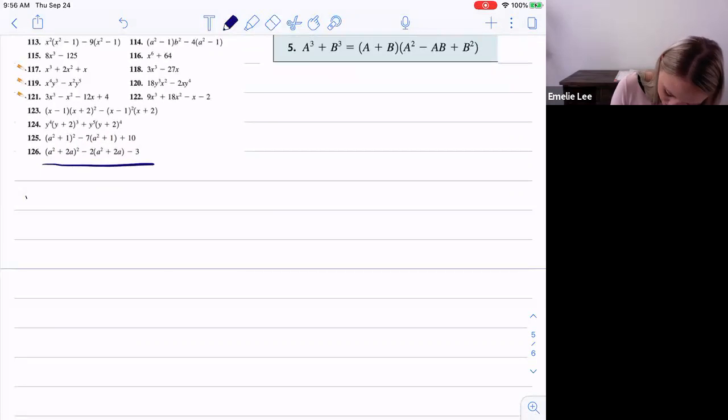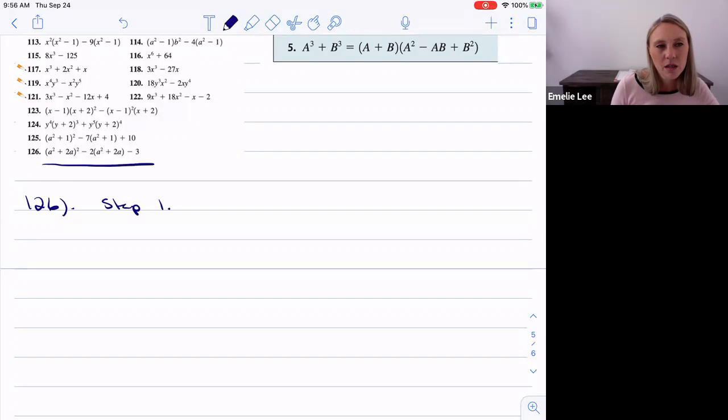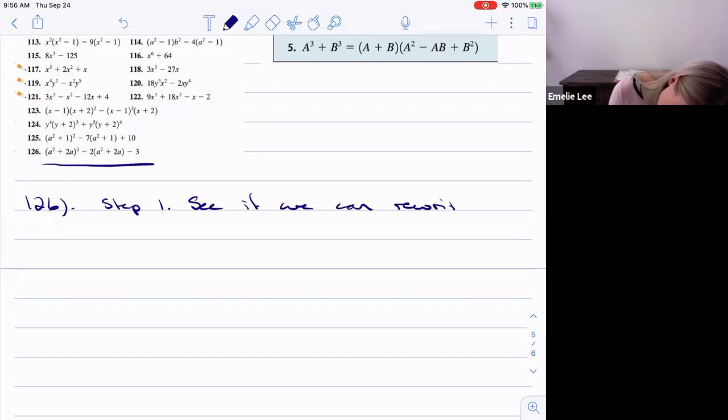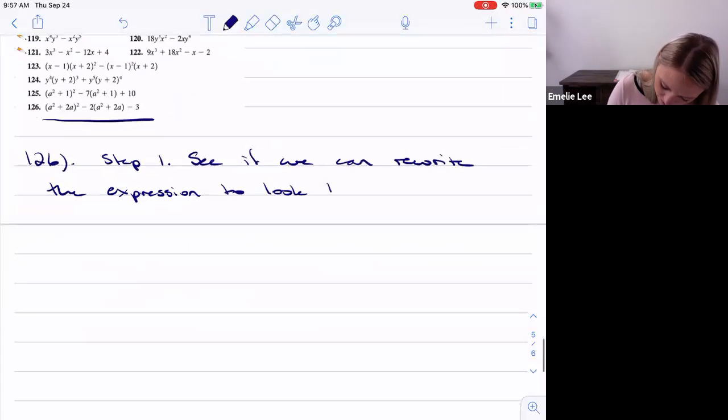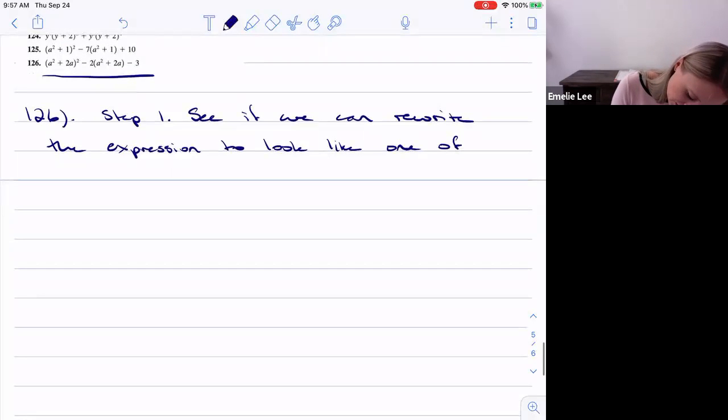So step 1: see if we can rewrite the expression to look like one of the special factoring formulas.